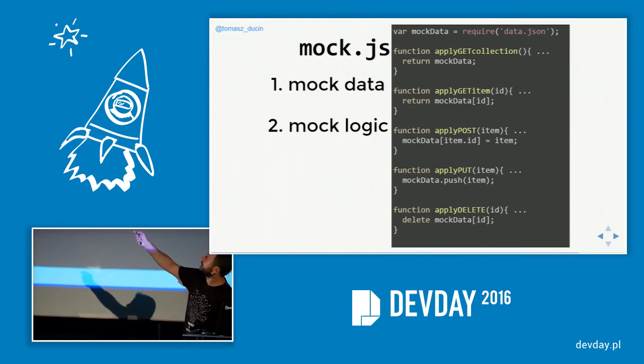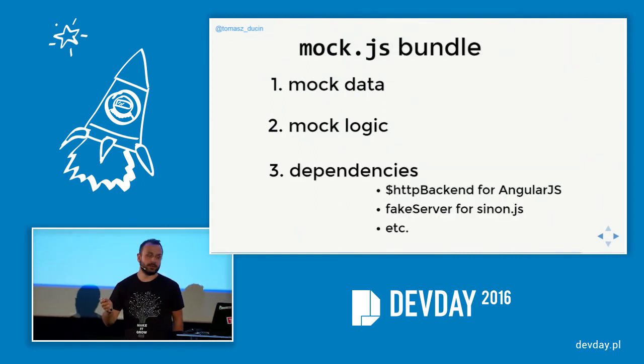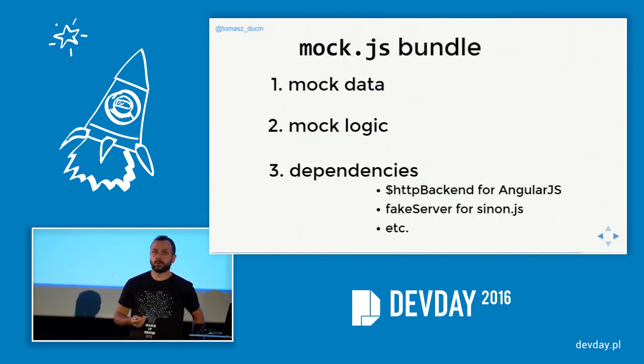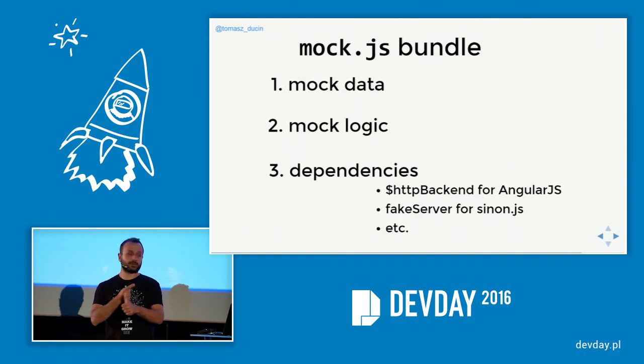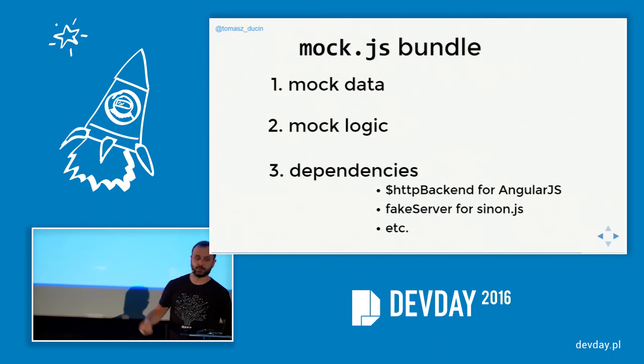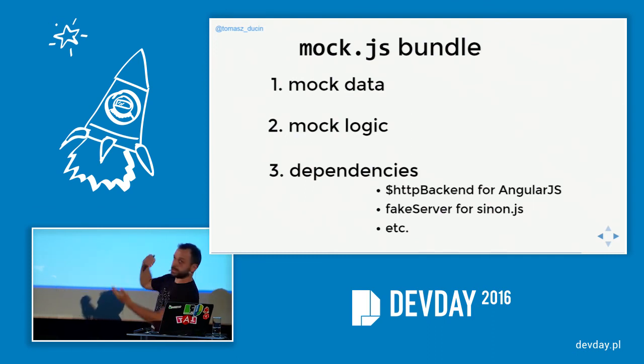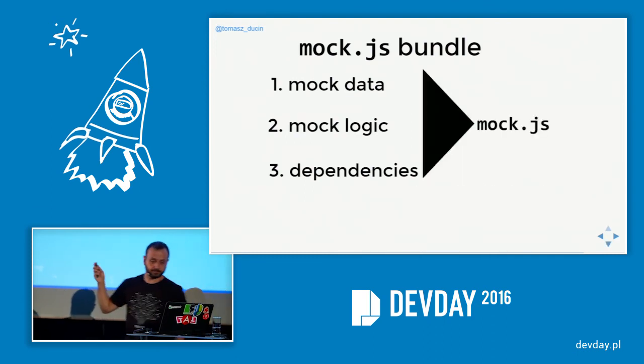So not only mock data, we also include the mock logic, mock behavior. And finally, the dependencies. So it might be a fake server for sinon.js, it might be HTTP backend for Angular.js and whatever tool you use. So just the core engine we use here. And we need to get those three things built into the mock.js bundle.